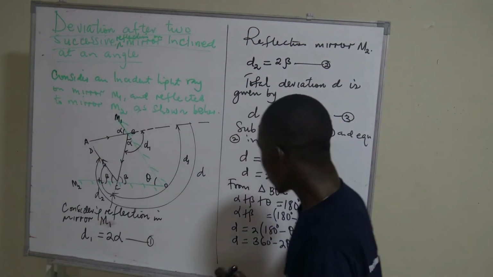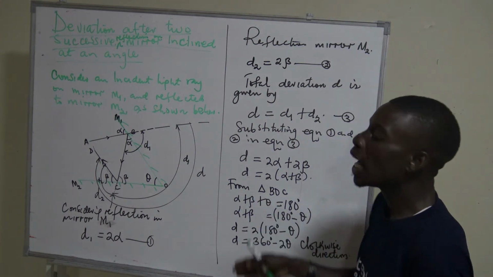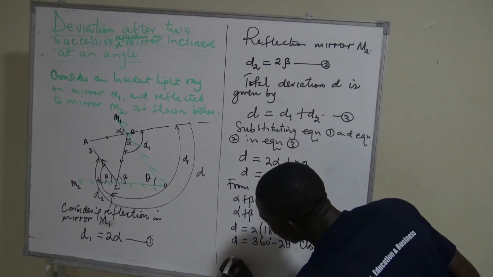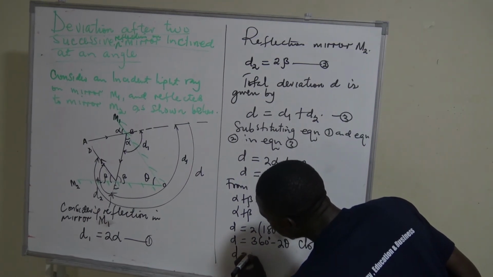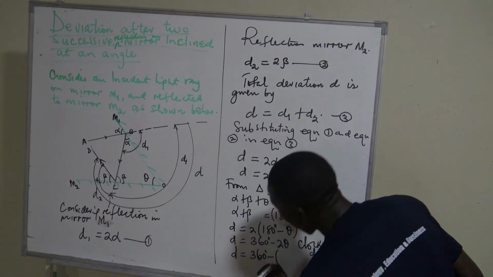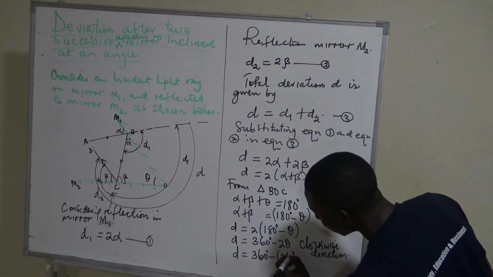Supposing you are now asked to find it in anticlockwise, how do we get it? To get it in anticlockwise, we say D equals 360 minus the one in clockwise, 360 minus twice theta.